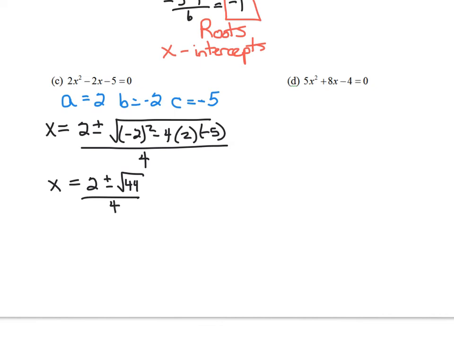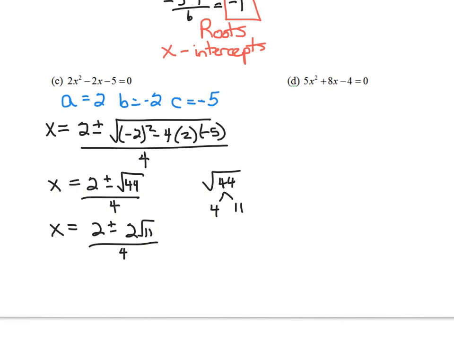Now, 44 does have a perfect square factor. If we think about this, 44 is really 4 times 11. 4 is a perfect square, so I can take the square root of 4, so that's going to be 2 plus or minus 2 radical 11 all over 4.